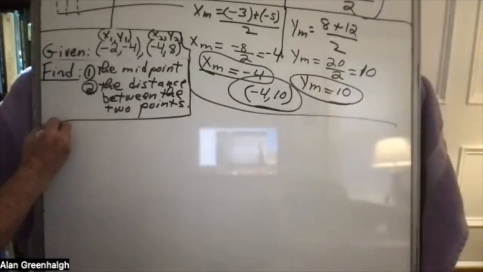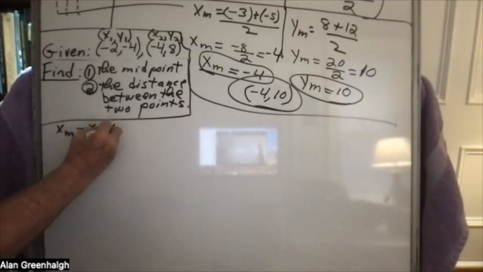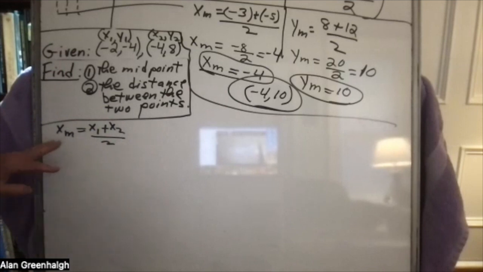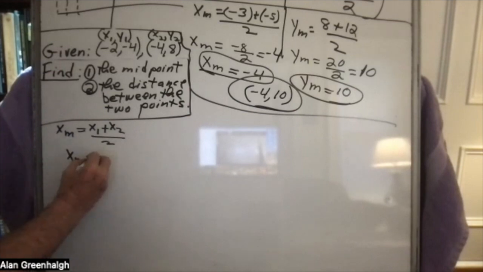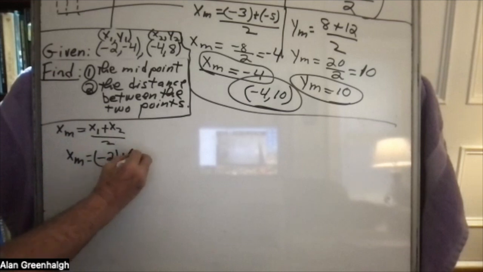And the x coordinate of the midpoint will be equal to x1 plus x2 over 2. So let's do that first. The x coordinate of the midpoint will be -2 plus -4 over 2.